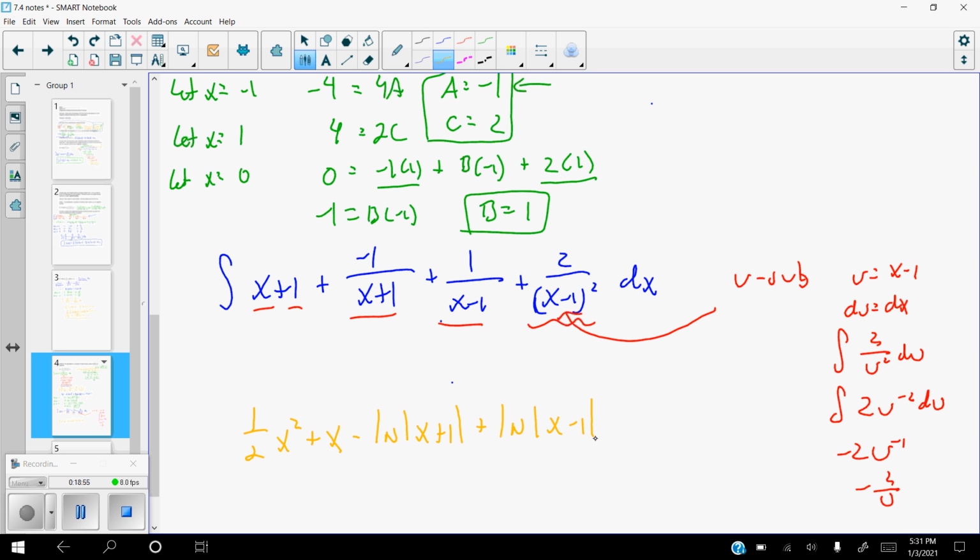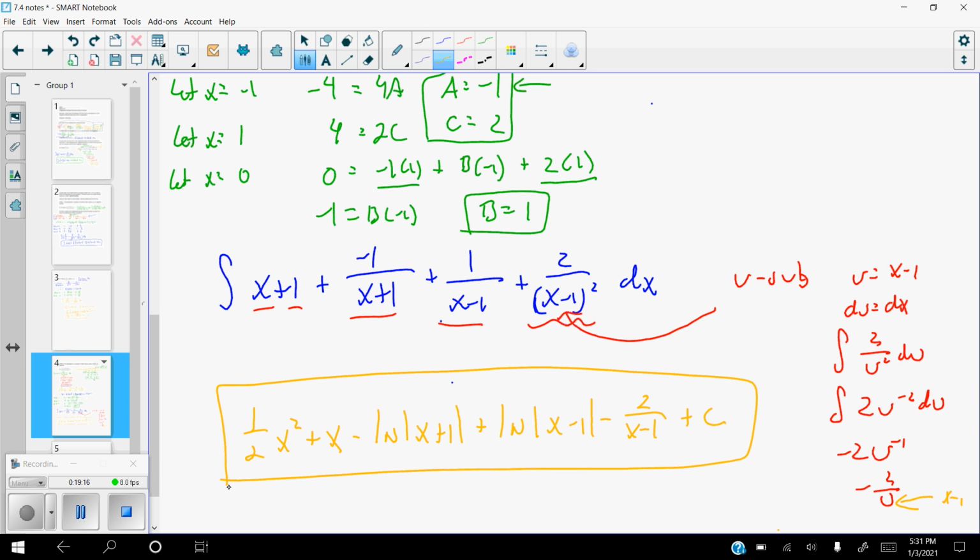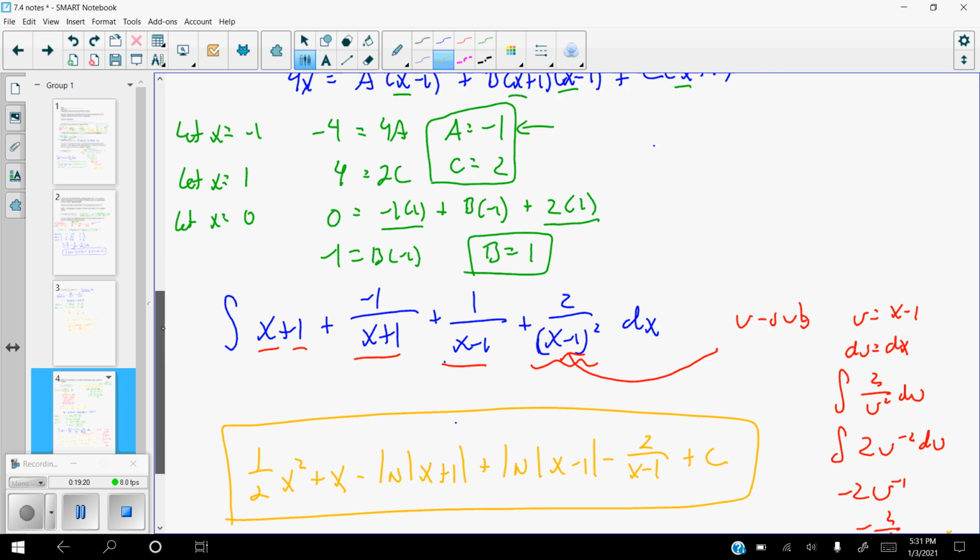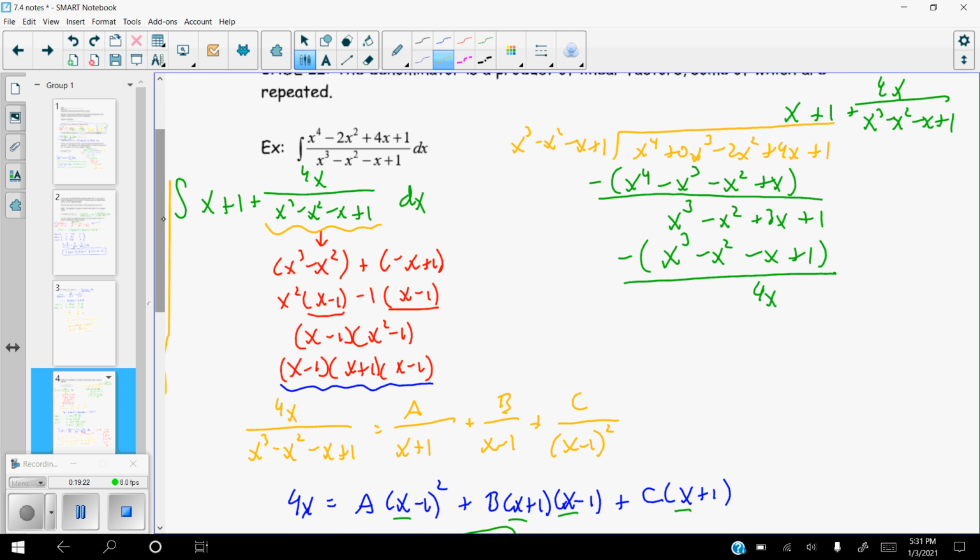And then the last one we worked out on the side here, that's going to be minus 2 over u. Don't forget to put back the original u, which in this case was x minus 1. So don't forget to substitute x minus 1 back into u, and then don't forget your plus c. And that is the antiderivative of this original function way up here.